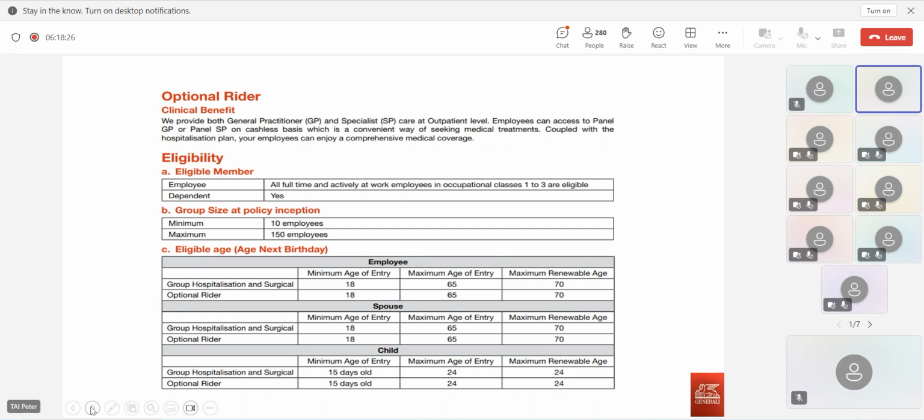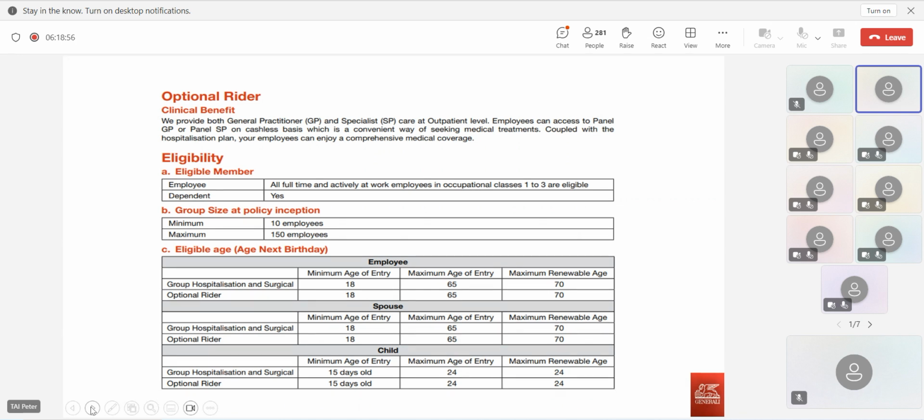Normally, the optional rider is only given to their top management. That's what I know. The top management will have a higher limit and also the optional rider, whereas the lower limit, no. This is also, they said, to discourage their staff from visiting the GP at any one time. If it's on a reimbursement basis, chances are people will think twice before they visit any GP, right?